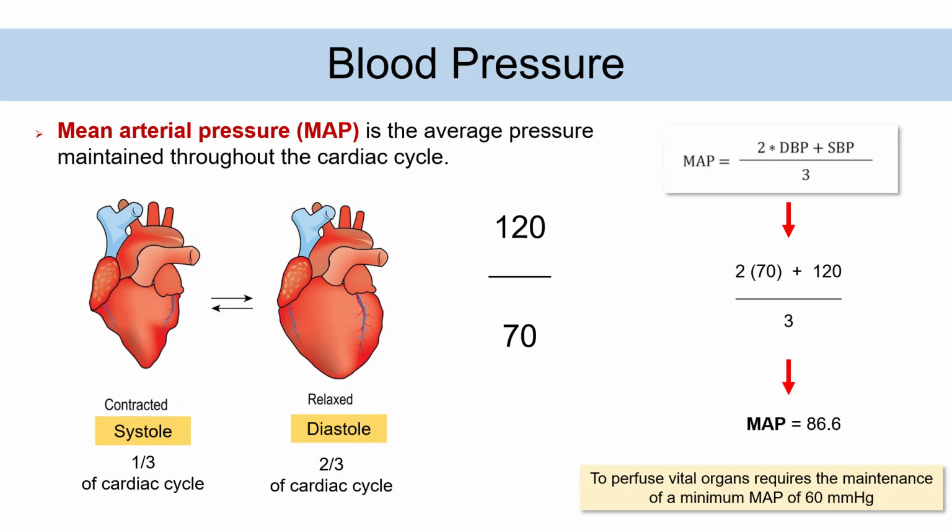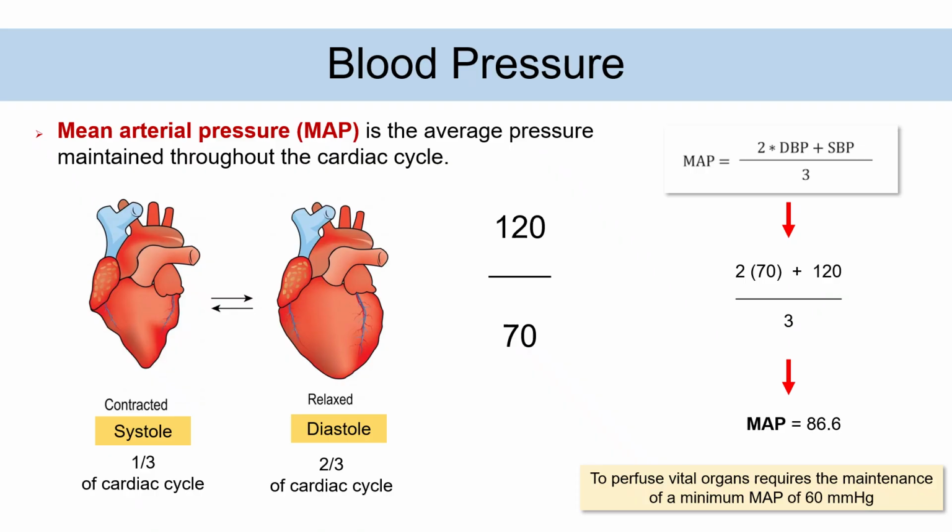So in this example, 120/70, we're going to go 2 times 70 because 70 is our diastole value and it takes twice the time. That's why we're doing 2. Plus, we're going to do 120, which is our systole value. We're going to divide it by 3 because we're trying to get the average. That is the MAP. So in this example, 120/70, the MAP is 86.6.